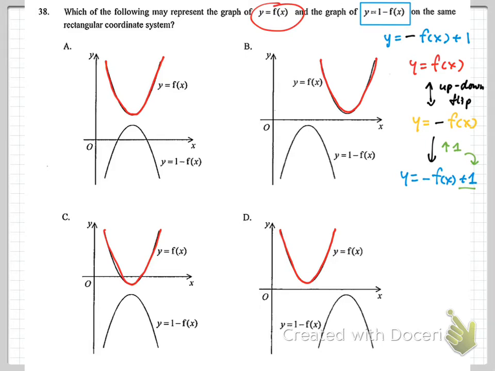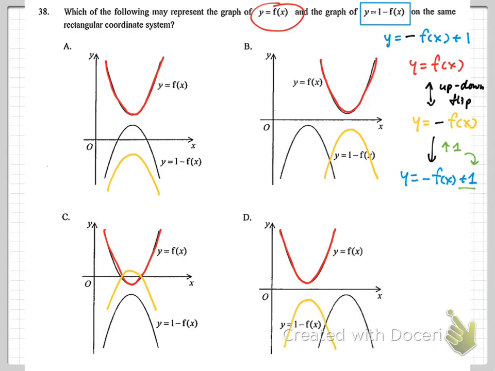So among A, B, C, D, which is most likely? Suppose we cover the yellow diagram. The red one, you do an up-down flip, this becomes the yellow one, which will be like this. Remember, with the up-down flip, the x-intercepts do not change.